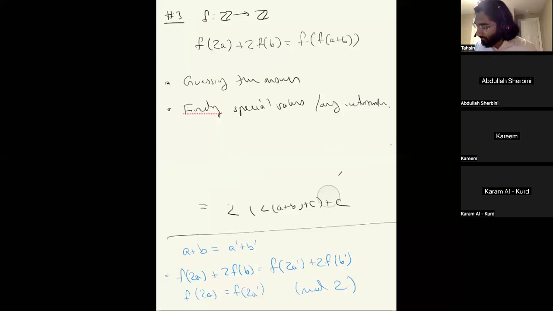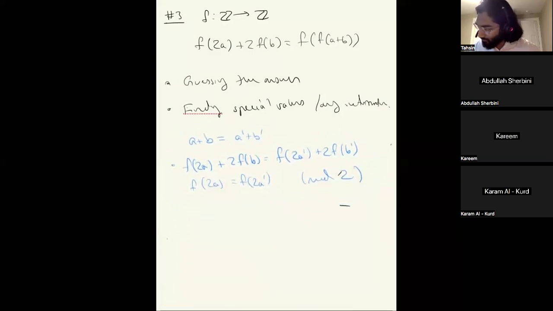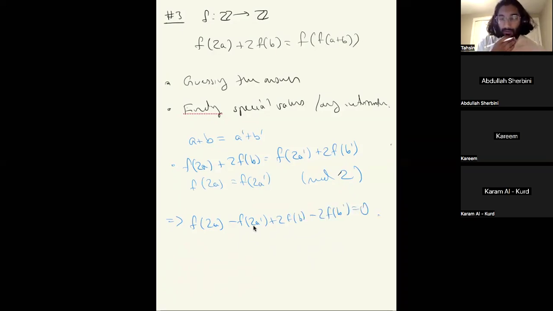So let's write it like this. We write the equation: f of 2a minus f of 2a prime plus 2f of b minus 2f of b prime equals 0. Okay, good. So then what can we do from here?